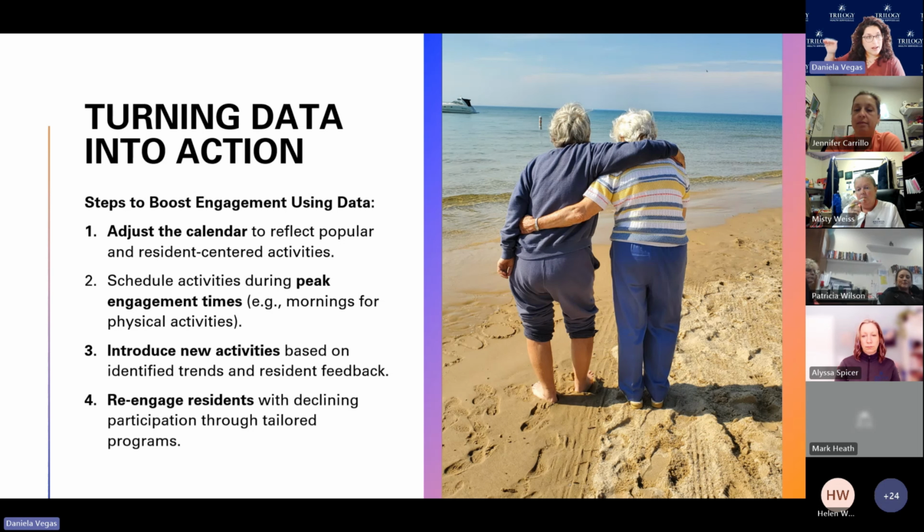So again, use that first report that I showed you. What are the most attended activities? What are the most declined activities? What are the least popular activities in general? That will really help you start narrowing down what activities your residents want to have on the calendar. Schedule activities during peak engagement times. Again, that report can help you determine that. Move stuff around. If you're like, my residents said that they want to do sing along, but nobody attends.